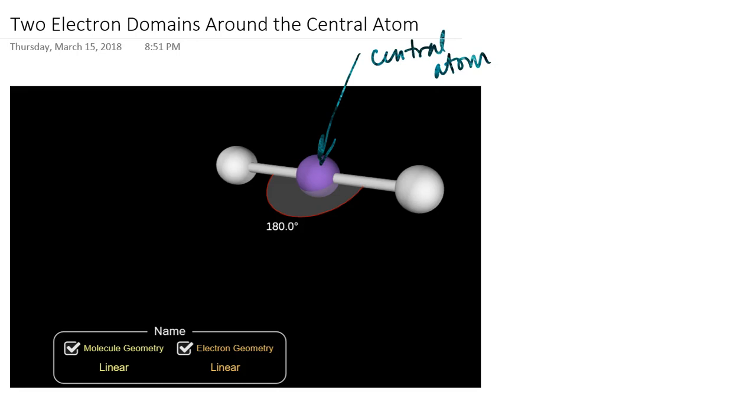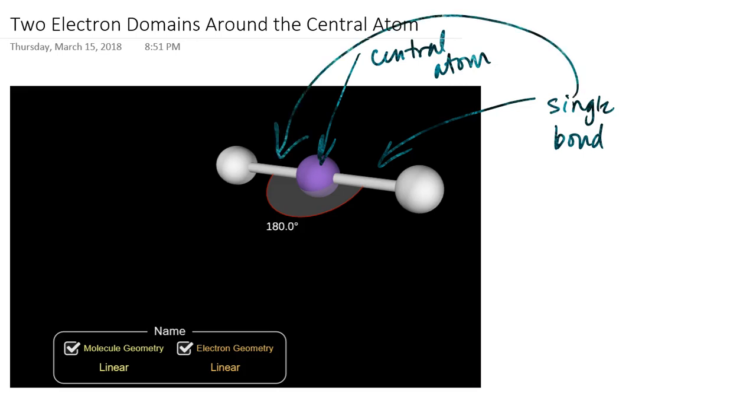And notice that this central atom contains a single bond to this white atom on the right, and it also contains another single bond to the white atom on the left. So basically, I have two single bonds around this central atom. Each of these single bonds can be considered an electron domain. And so this particular model molecule has two electron domains.